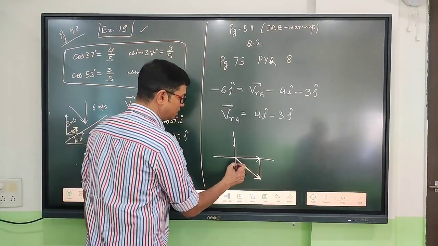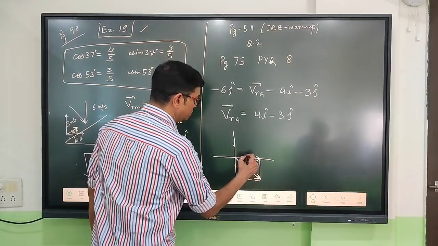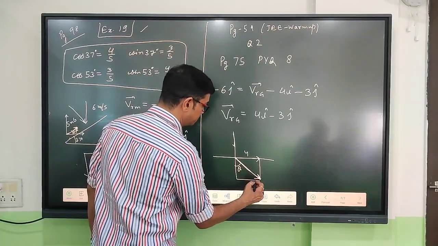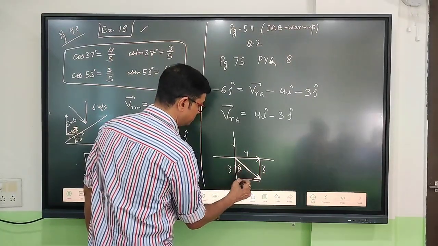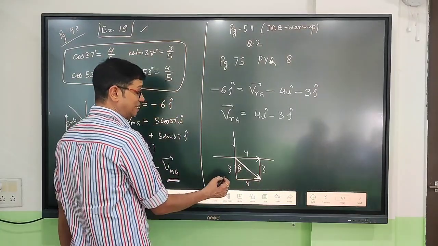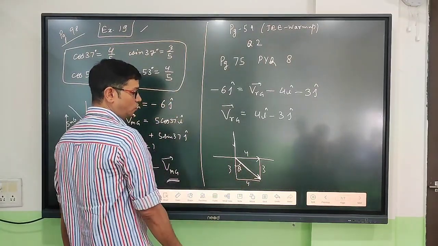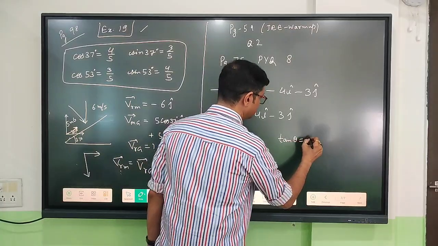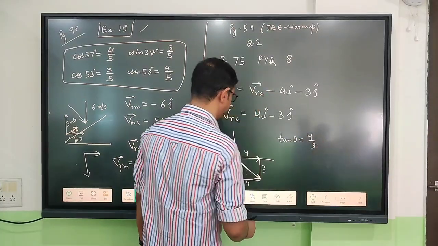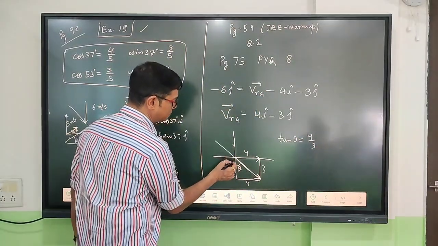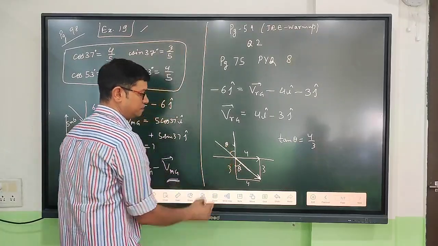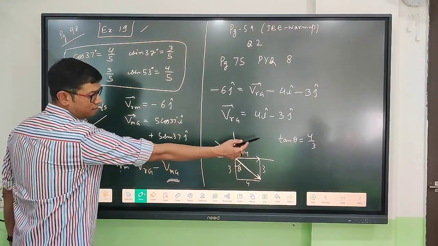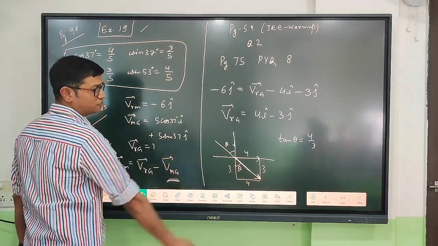This angle is theta, this is 4, and this is 3. So tan theta would be 4 by 3. So rain is falling at an angle tan inverse 4 by 3.